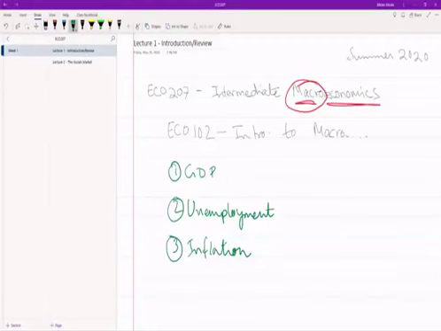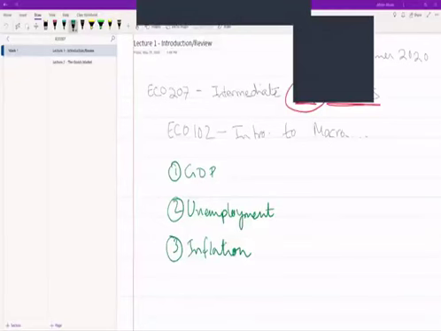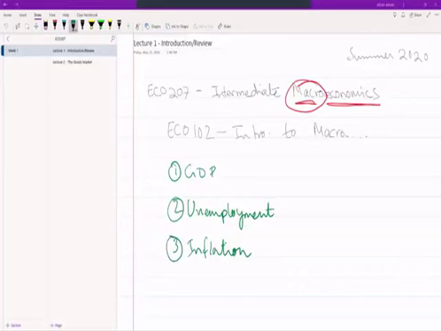And actually, we're going to be doing pretty much the same thing in this course as well. Just because you've studied these three concepts in ECO 102 does not mean that you're done with them. What it means is that we're going to take the things that you have already learned in ECO 102, the GDP, the unemployment, the inflation, and things like that, and build on top of it.